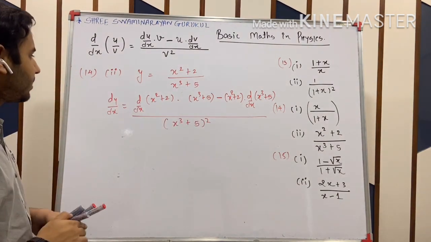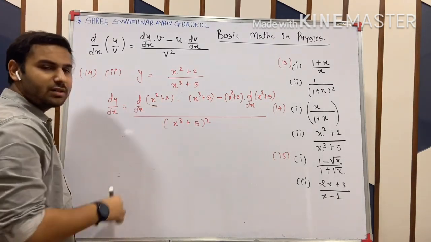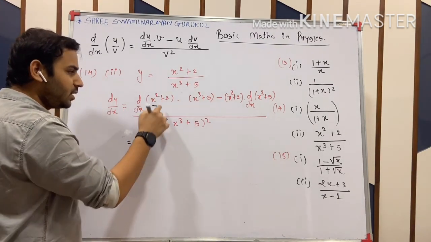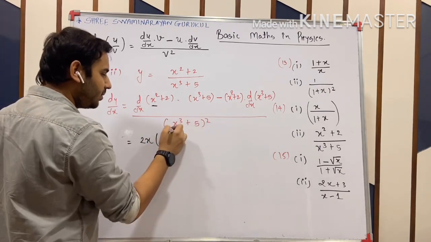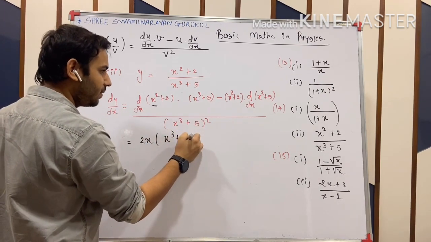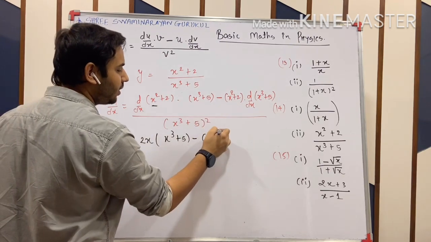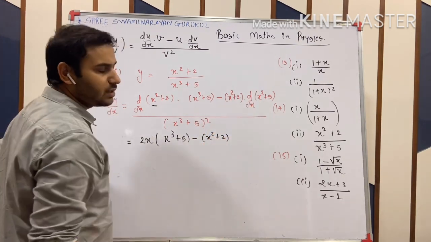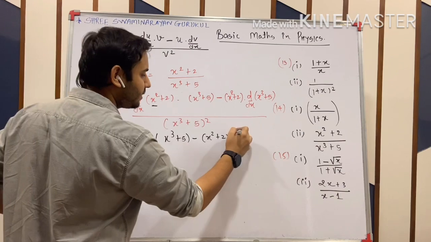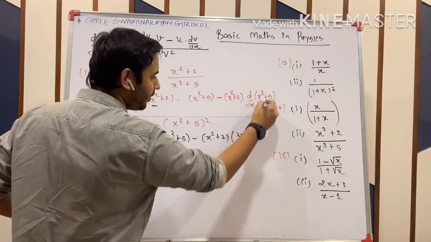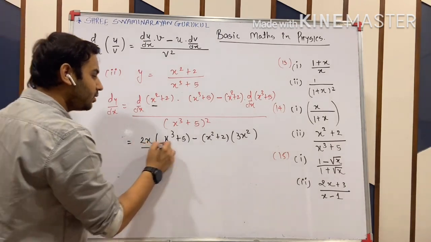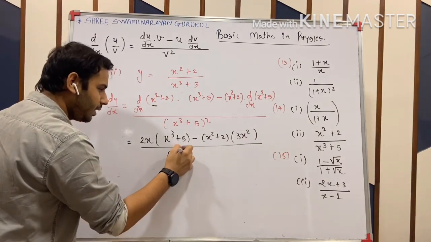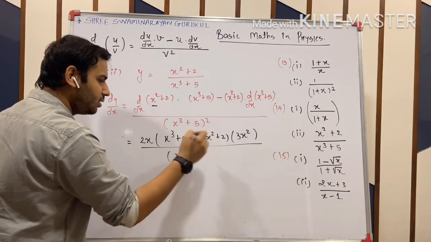Okay, let us simplify this. Differentiation of x square is 2x, differentiation of 2 is 0 because it is a constant term, then this term as it is, x cube plus 5, minus this x square plus 2 as it is, differentiation of this x cube is 3x square, and for 5 it is 0. Understood? Denominator x cube plus 5 whole square.